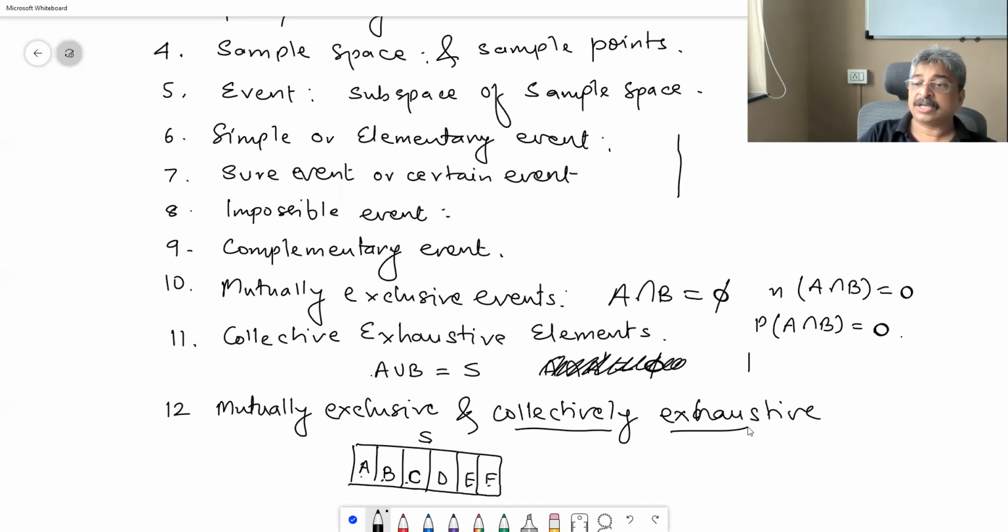Their union is the complete sample space. And A intersection B is empty, B intersection C is empty. So they are not having any intersection. Mutually exclusive. Collectively exhaustive. So these are two important terms.